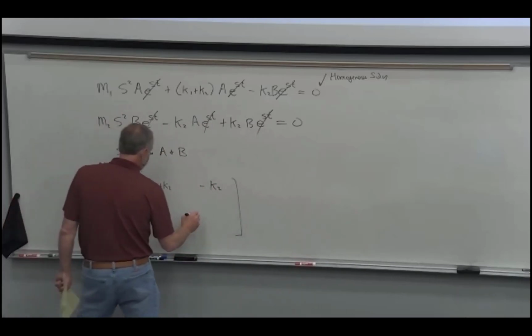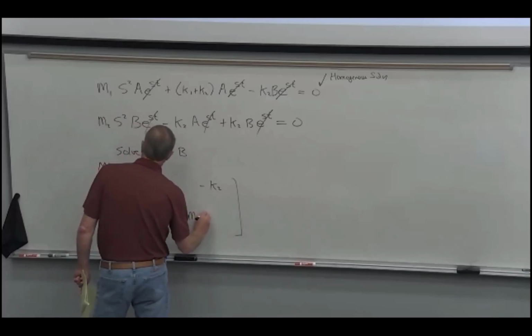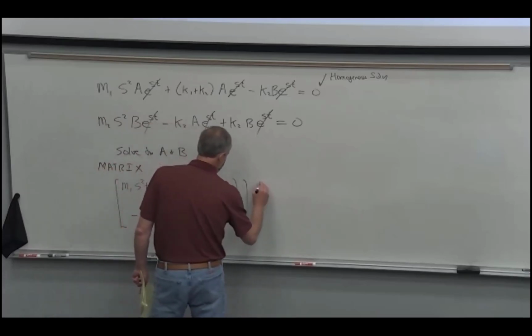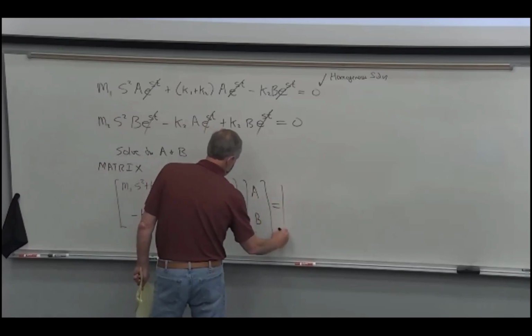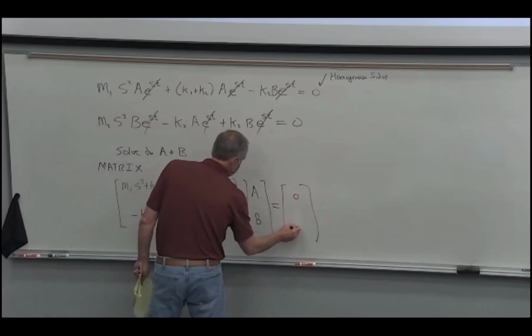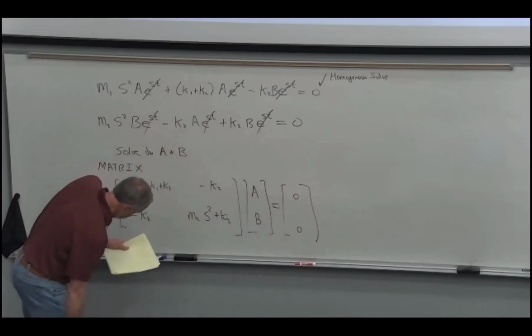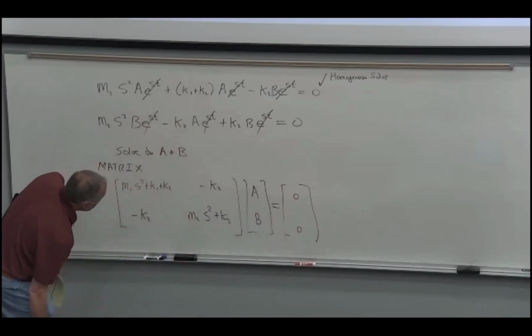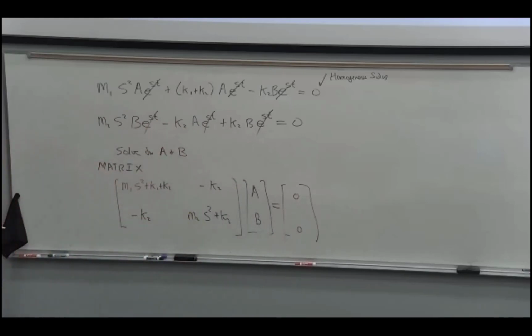And now the B stuff over here. Homogeneous solution, so we got zeros here. So what's the answer? Yeah. That looks bad.